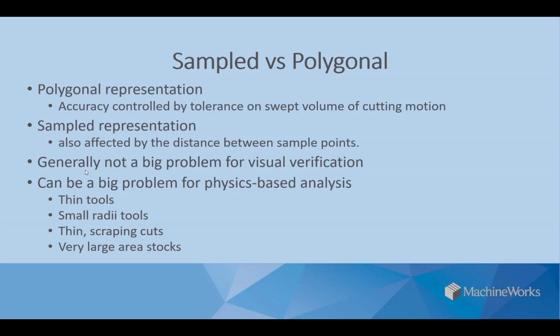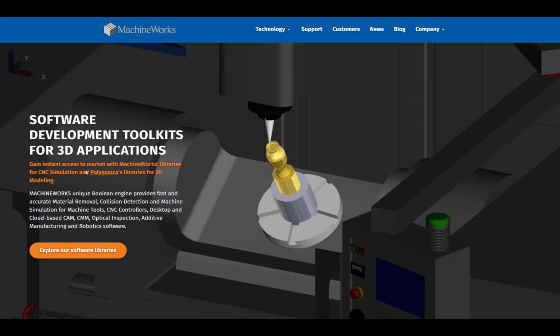Or the other problem is if you have very, very large area stocks, so you haven't got enough physical RAM to decrease the distance between your grid points, then the sample technology can become a problem. That's why this demonstration is designed to highlight how you can get very, very nice results in this area using the polygonal technology.